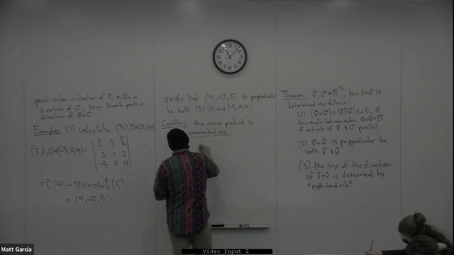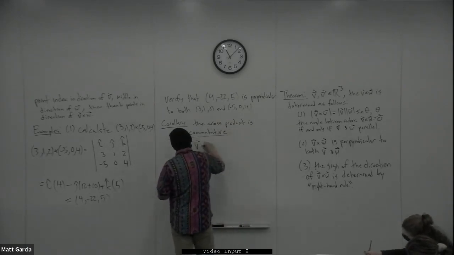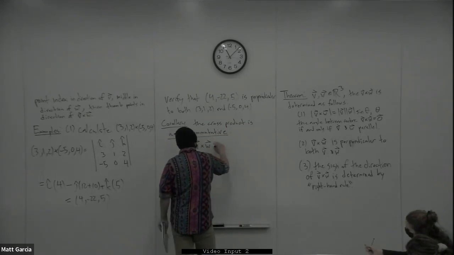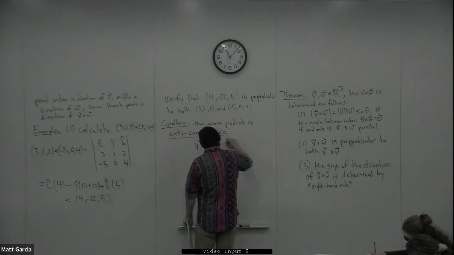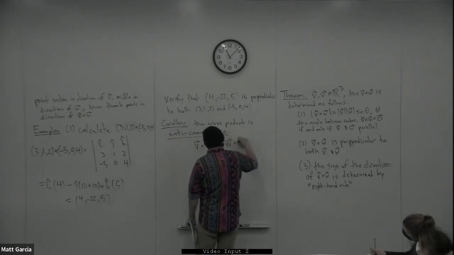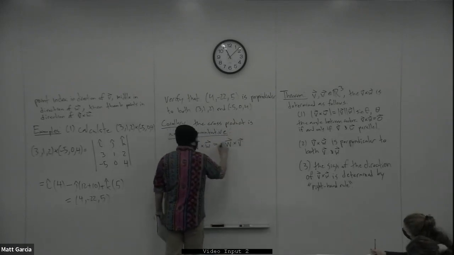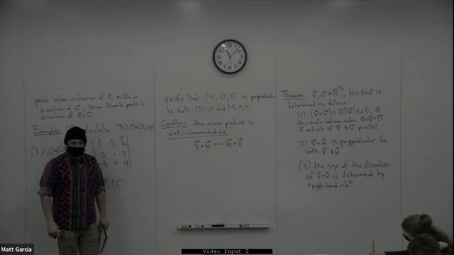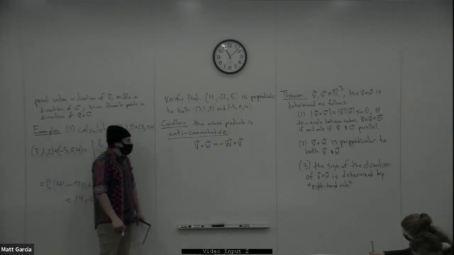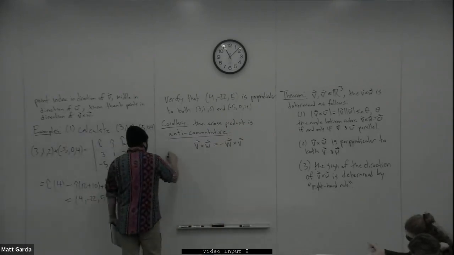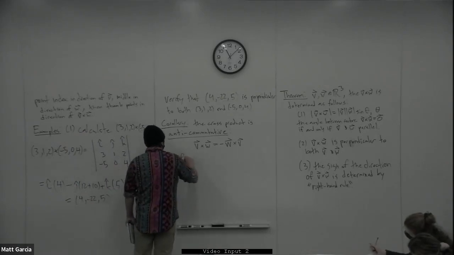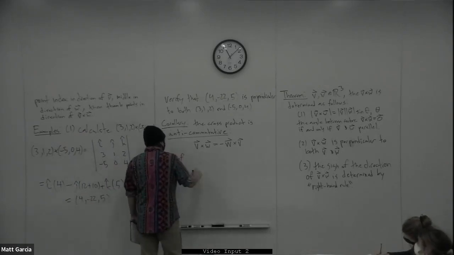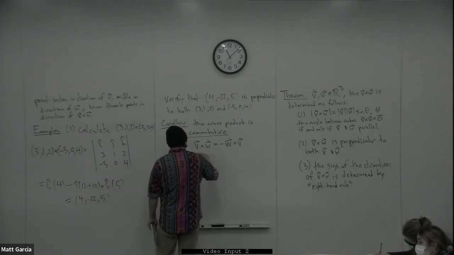What do I mean by that? I mean that it's almost commutative, except for the fact that when we switch the order, we get a negative sign. Okay? So, proof. The right-hand rule.